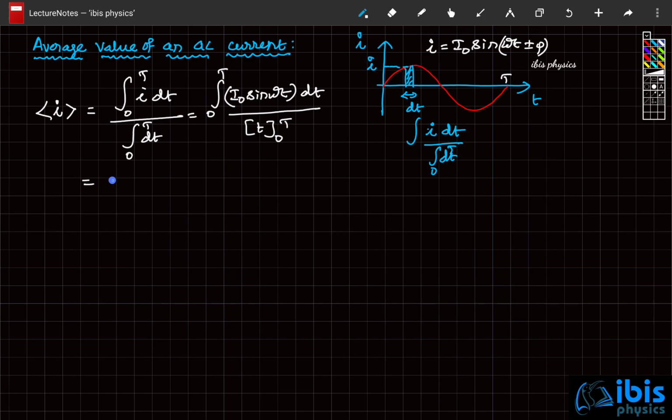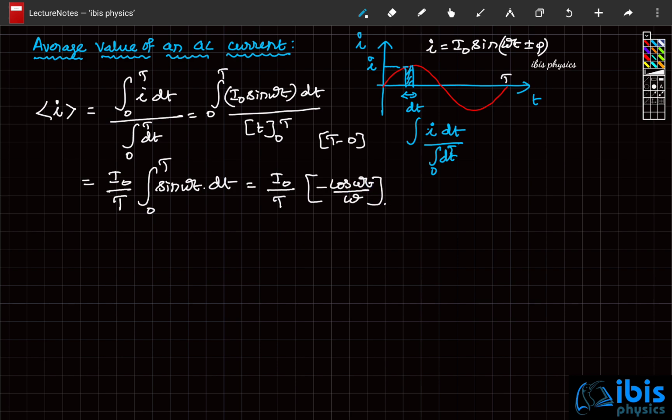Here I am taking I naught out. The integral of dt from 0 to T means T minus 0, upper limit minus lower limit, so that becomes T. So the integral of sine omega t dt from 0 to T gives I naught by T, and the integral of sine omega t is minus cos omega t by omega, from 0 to T. I am taking omega out and keeping the negative sign, minus cos omega t.